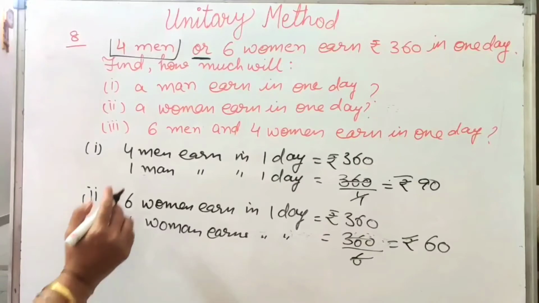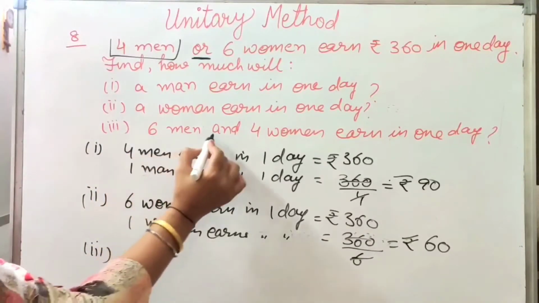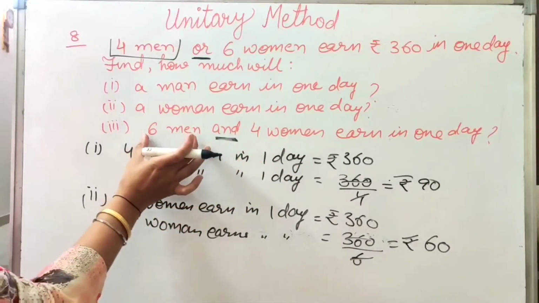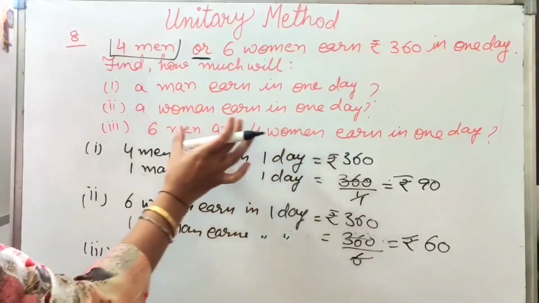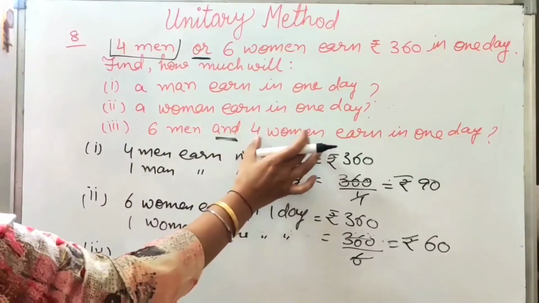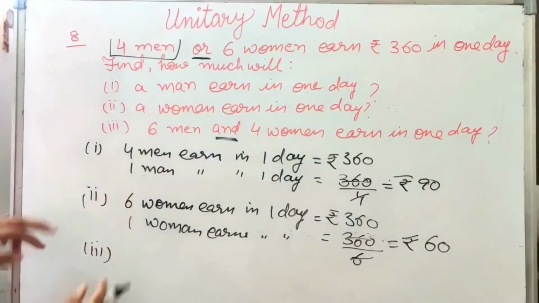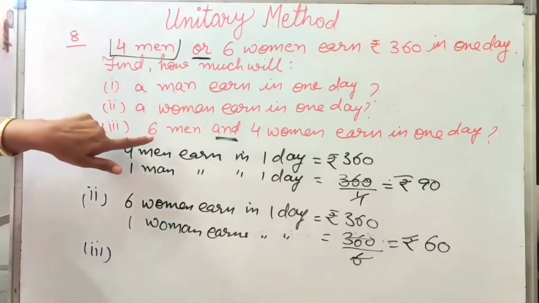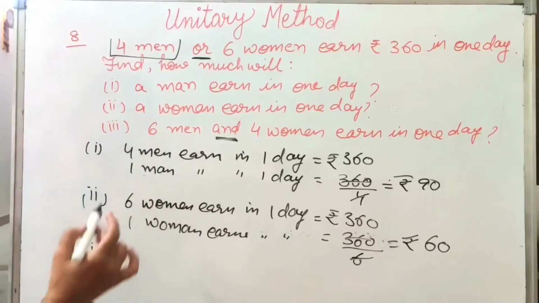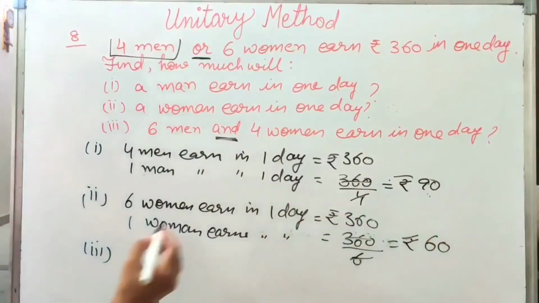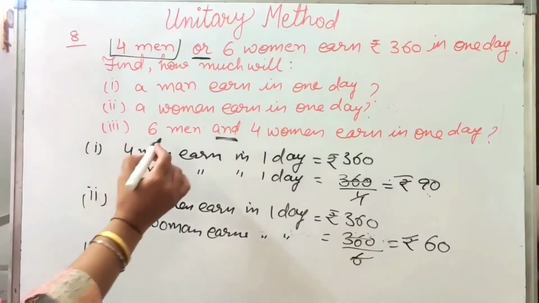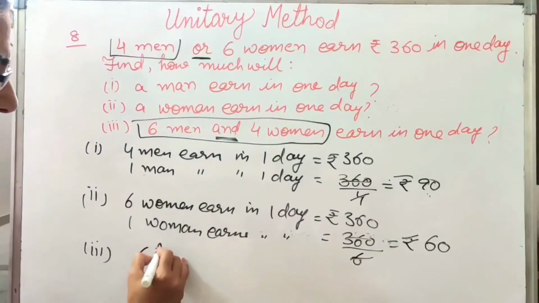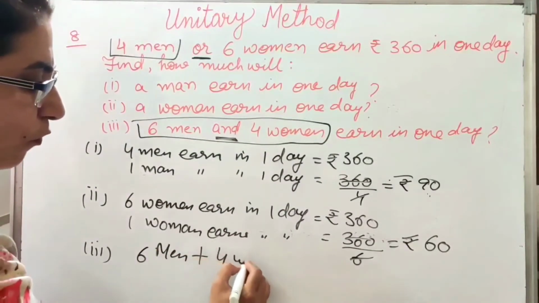In the third part, we are asked for the total earning of 6 men and 4 women in one day. We have the earning of 1 man in one day and of 1 woman in one day. For 6 men we multiply by 6, so we write it as 6 men plus 4 women.